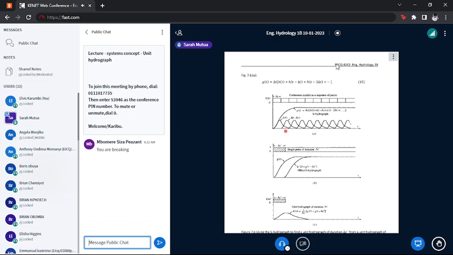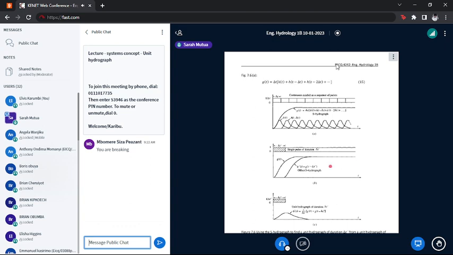Basically, what we have here is the S hydrograph, and we obtain it by adding so many unit hydrographs. Now, if you lag the S hydrograph by a time dt and you subtract, you are going to get a unit hydrograph of time dt.